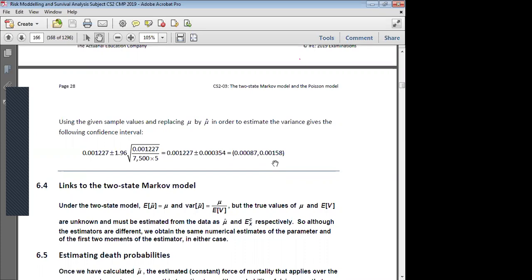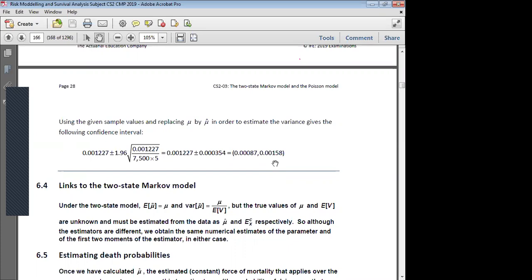So we used the results that we have derived up until now to figure out its variance and its expectation, and then we get to a confidence interval. So now what this says is that out of 100 times, 95% of the times, you will observe the mortality rate in between this particular interval.